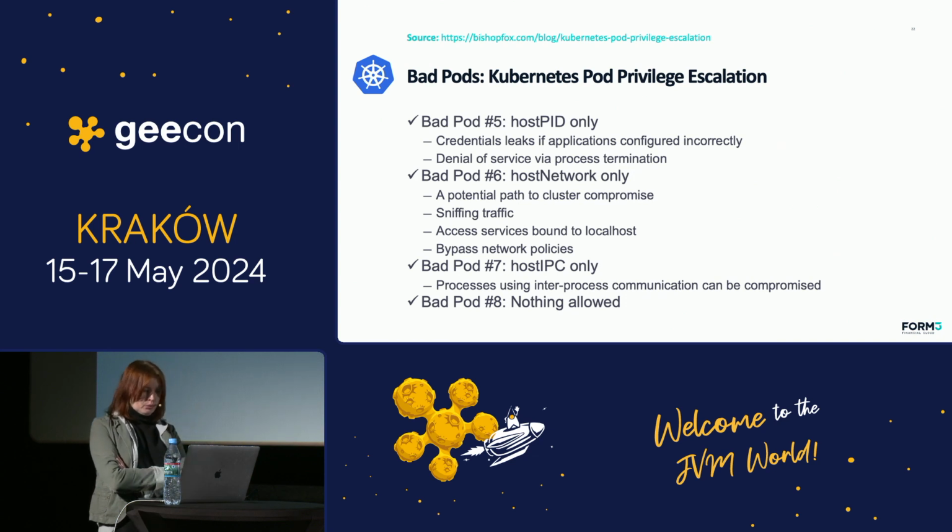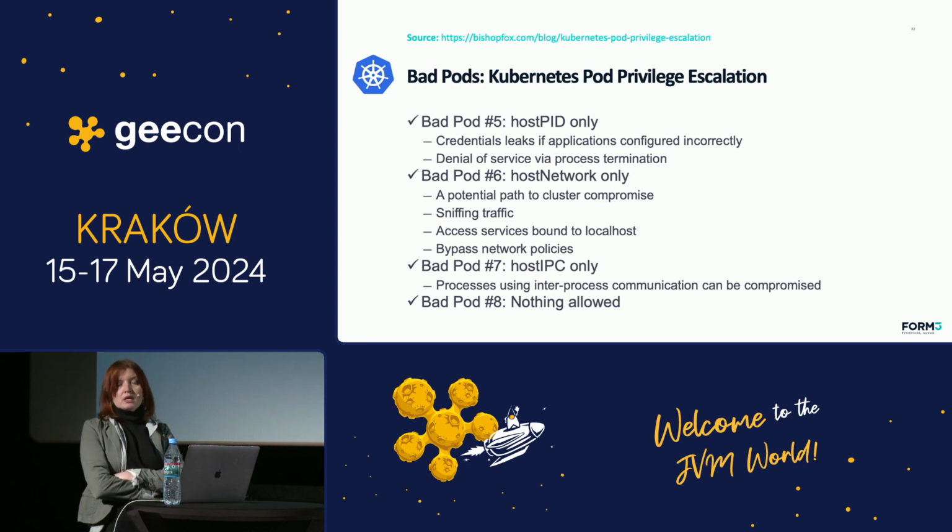With host network, there is a potential path to a cluster compromise, but we could do a similar thing as we've done with this escape to node when we sniffed traffic. With host network, it means the pod has direct access to the underlying host network.